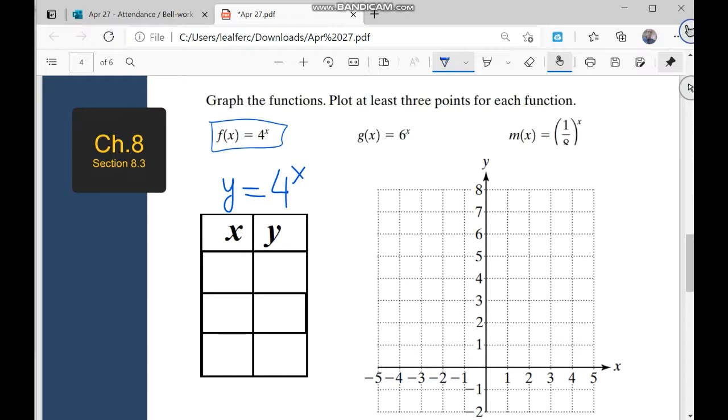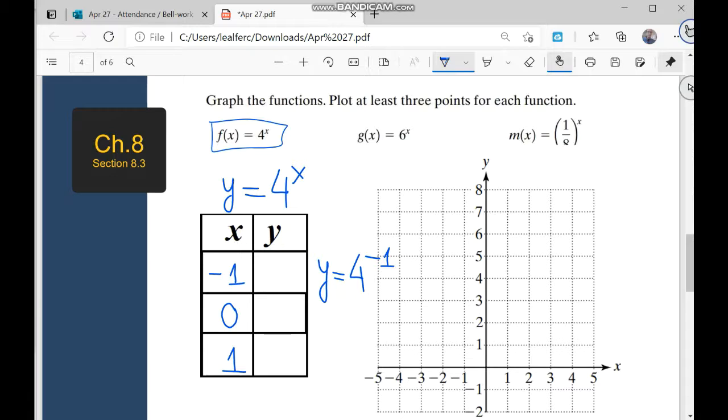And we will assume a few values for x and calculate the result for y. So x equals minus 1, x equals 0, x equals 1. Those are a few values that we can calculate easily. If x equals negative 1, y equals 4 exponent negative 1, right?